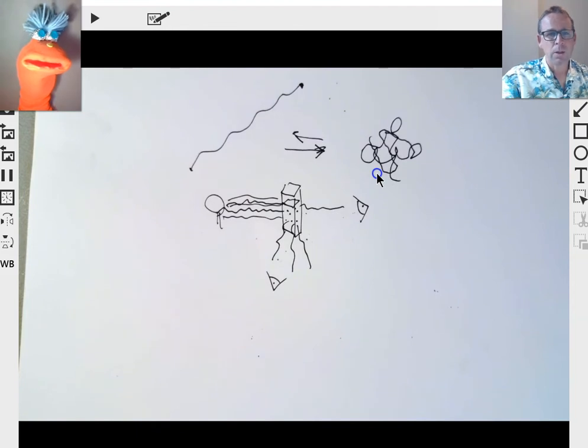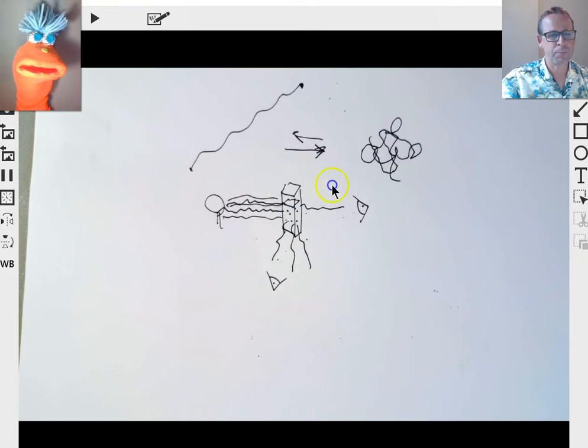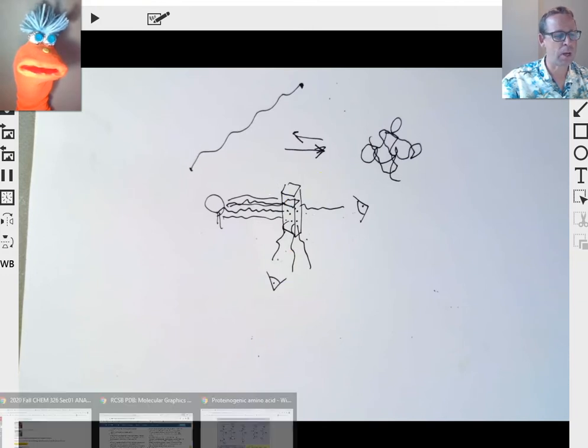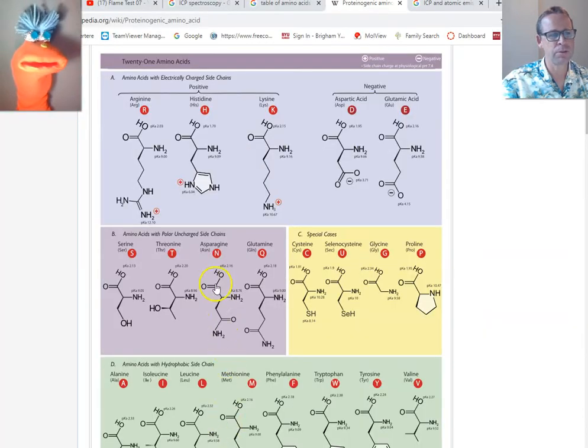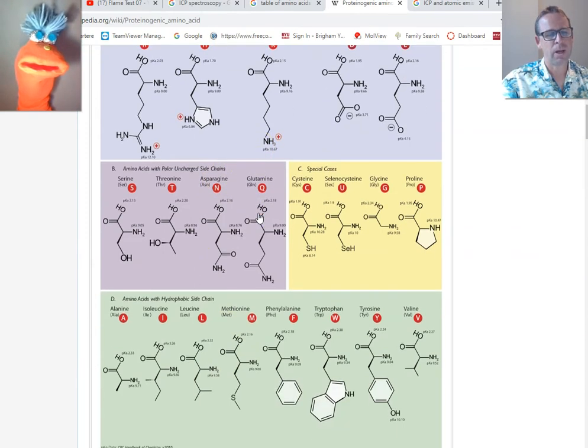Okay, so we got proteins that are made of what? Amino acids. That's right. So here are our amino acids. Now, we talked about this a little bit ago, but what kinds of chemicals can absorb electromagnetic energy?